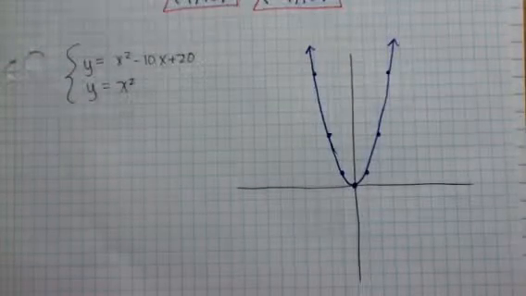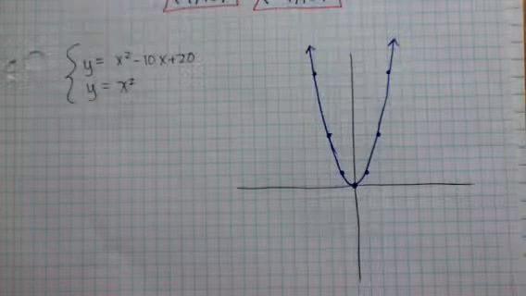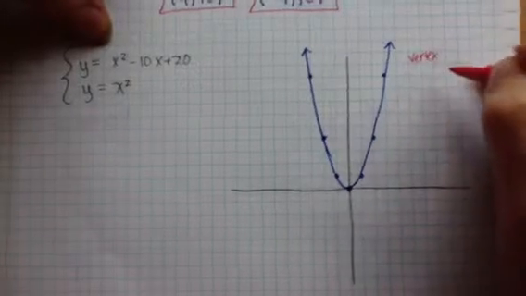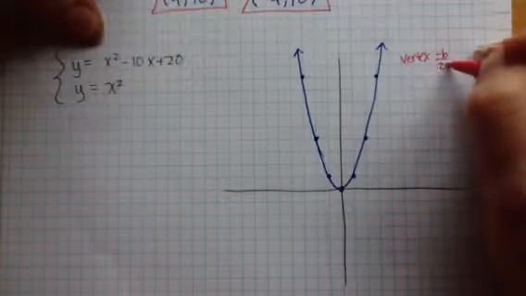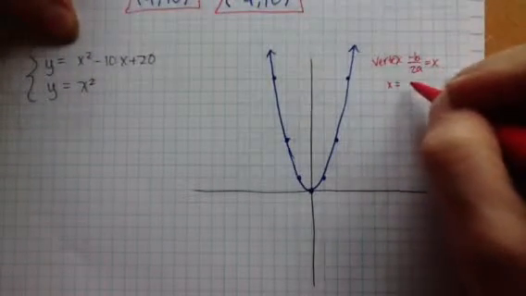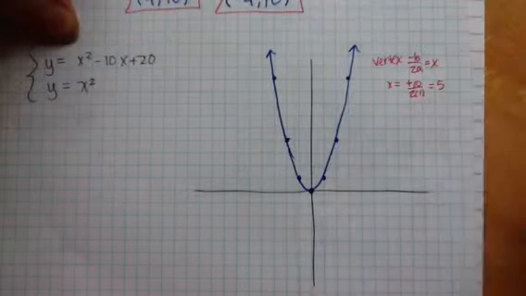The other parabola is in standard form. So the easiest way for me to graph that one is going to be to find the vertex. Remember that the vertex is found by doing the opposite of b over 2a for your x value. So x will equal positive 10 over 2 times 1, so x is 5.